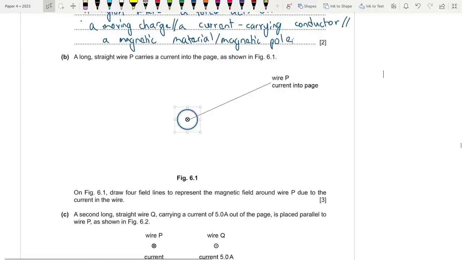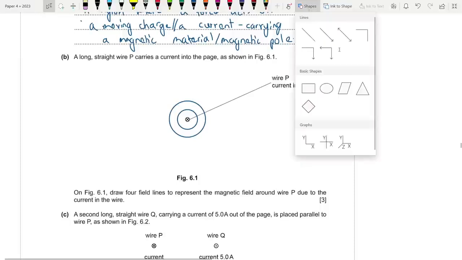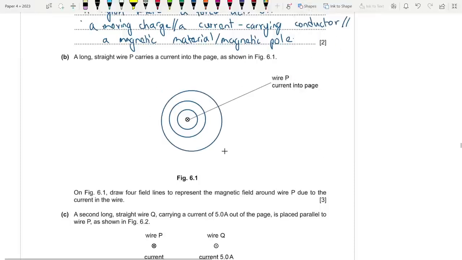So that is one of them. Then let's go for the other one. Now we go further and the distance will increase.